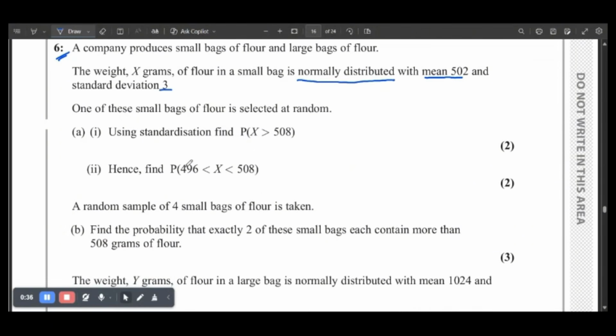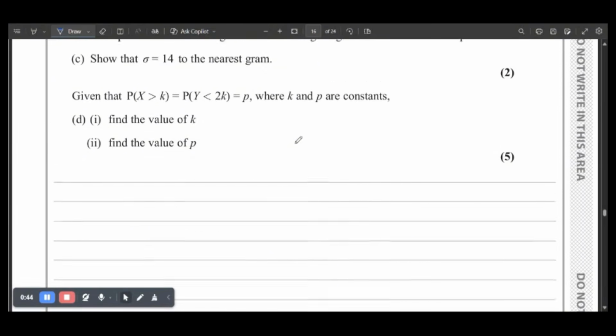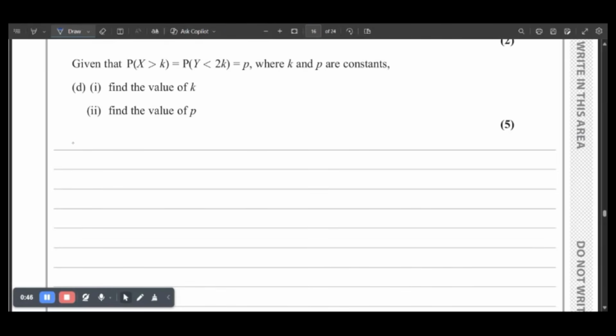In A1, we have to find the probability that x, the weight of the small bag, is greater than 508. To find the probability of this bag of flour being greater than 508 gram, we have to convert this value to a standard value.